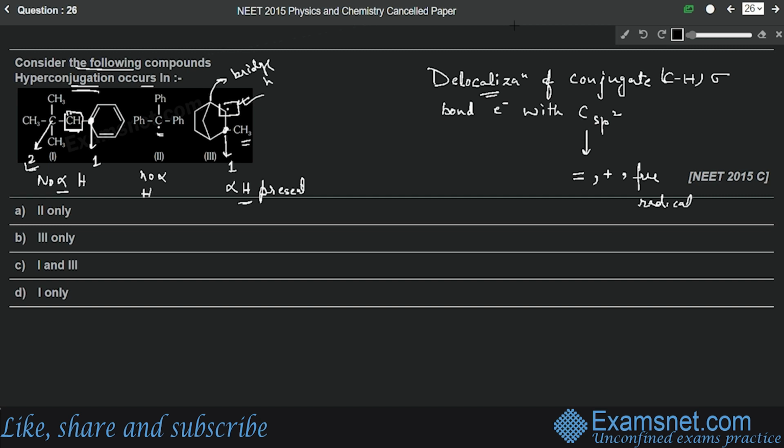We know that alpha hydrogens, even if they are present on the bridge-headed carbon, will not take part in the hyperconjugation. But at least at this position, the alpha hydrogen will take part in the hyperconjugation. So this compound will show hyperconjugation. So only in the third one. So option B, 3 only will be the correct answer.